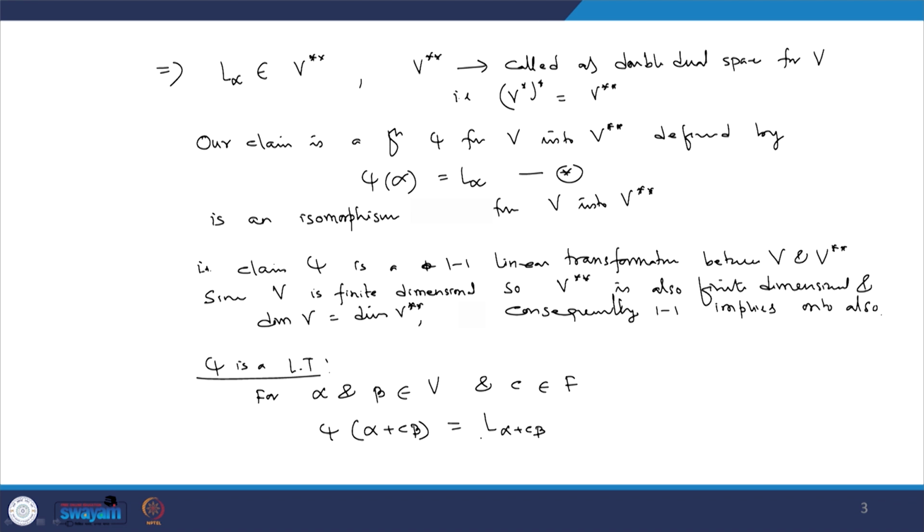Claim: L of alpha plus c beta is equal to L alpha plus c times L beta.